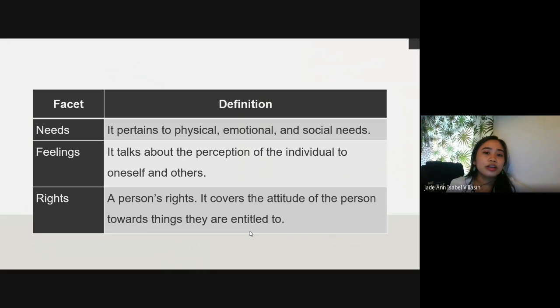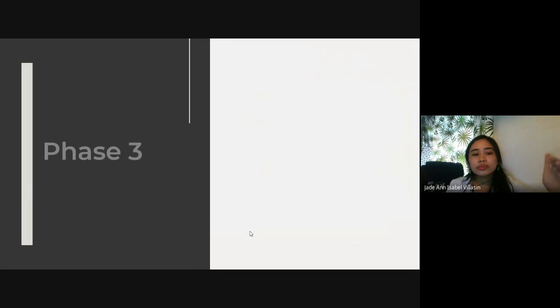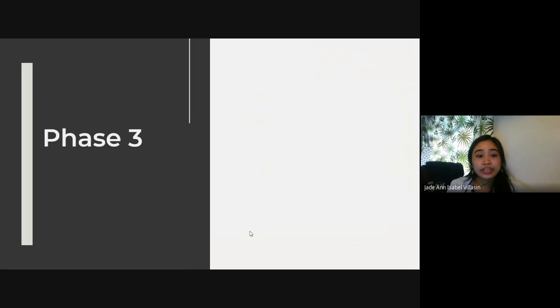Moving on, we now enter phase three, which is pilot testing and validation. As I mentioned earlier, we generated at least a minimum of 100 items. My group mates and I successfully made 120 test items, but these items were not verified.